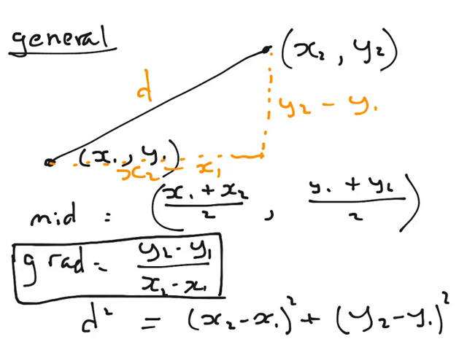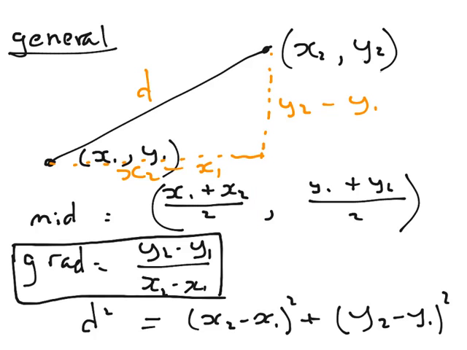The distance formula is just the difference between the x's squared plus the difference between the y's squared to give us the distance squared. And finally, the midpoint is actually just the average of the two. We add up the x values and get their average, and you add up the y values and get their average. And that gives you the midpoint of the line.